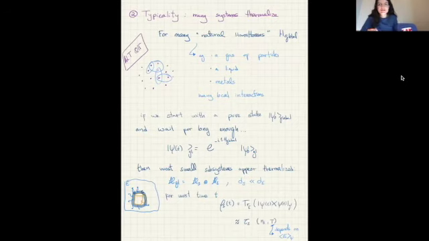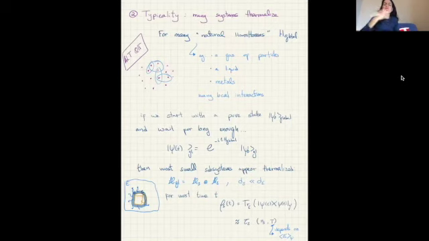It means that for many natural global Hamiltonians, where you have many particles and lots of local interactions, so local terms of the Hamiltonian. Another example is a liquid or even a metal, where you have little atoms sitting on a lattice and interacting only locally with each other.